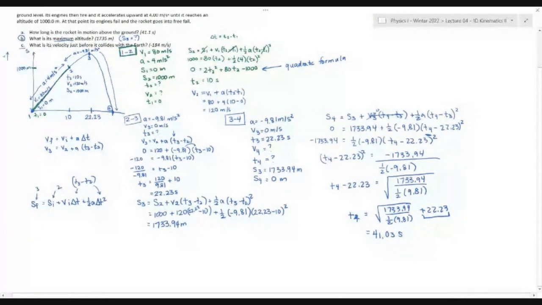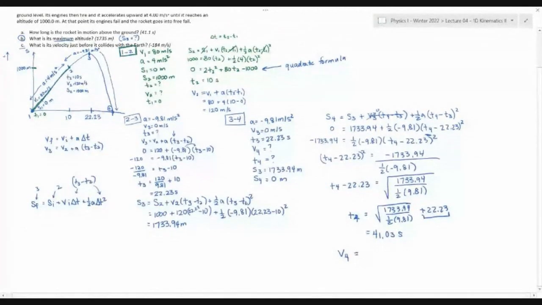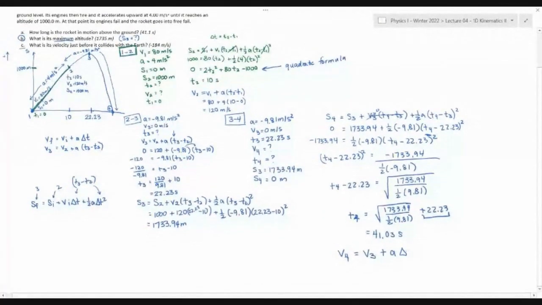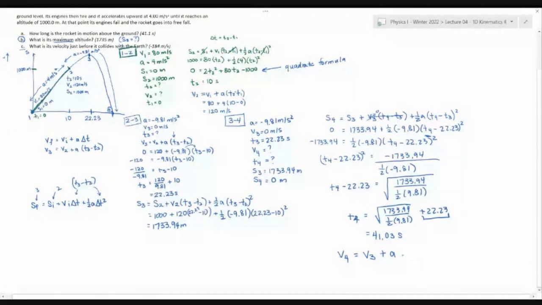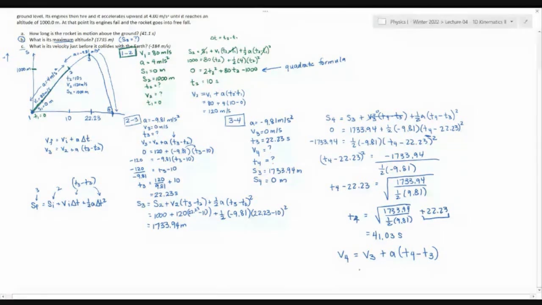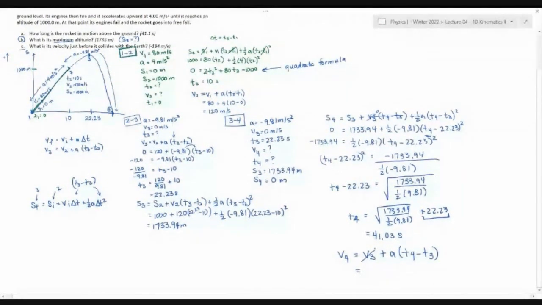And I also need to find V4. This is a huge question. So V4. So now I have V4 equals V3 plus A delta T. And delta T would be T4 minus T3. Okay, so it's like saying V final equals V initial plus A delta T, but final is position 4 and initial is position 3. Okay, so V4 is what I'm looking for. V3 we said was 0, so that's just gone.